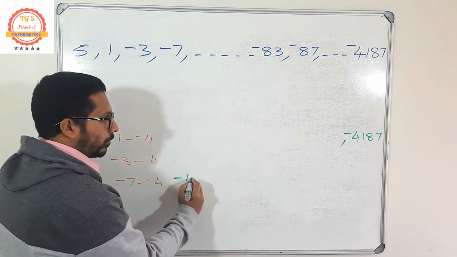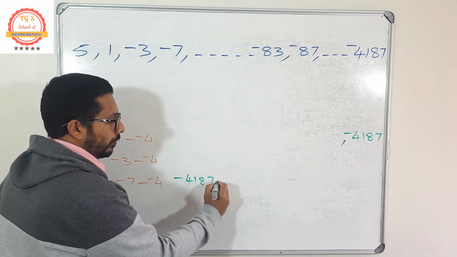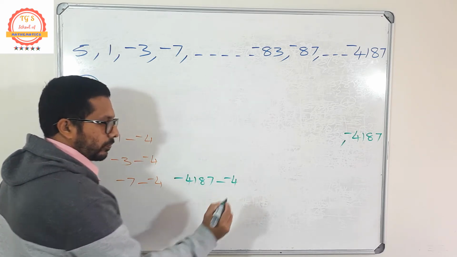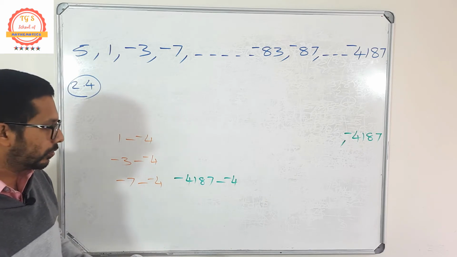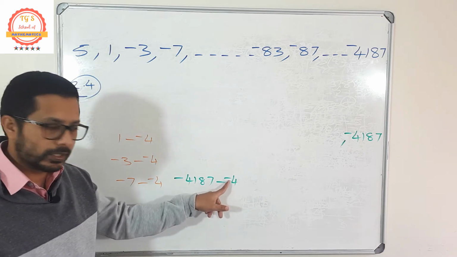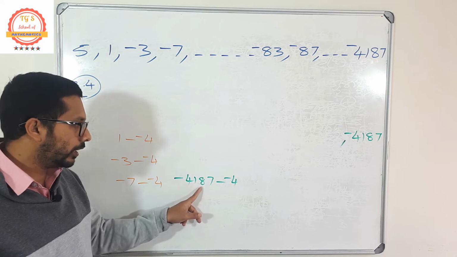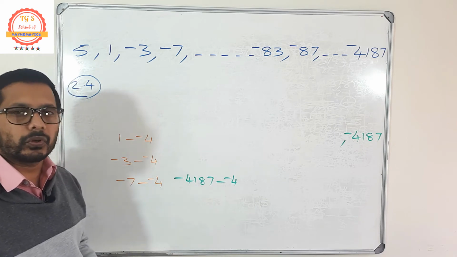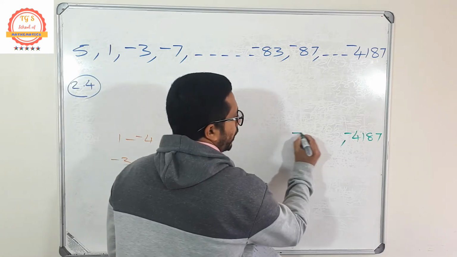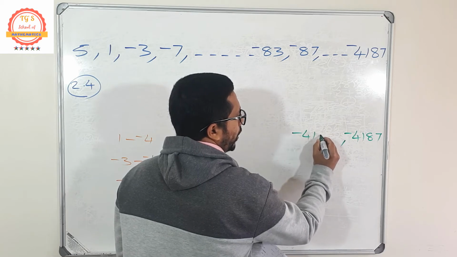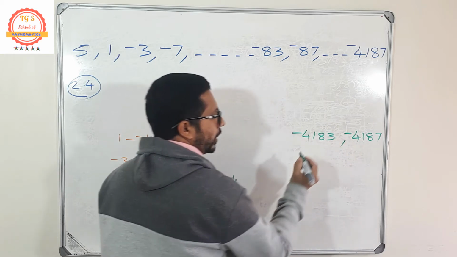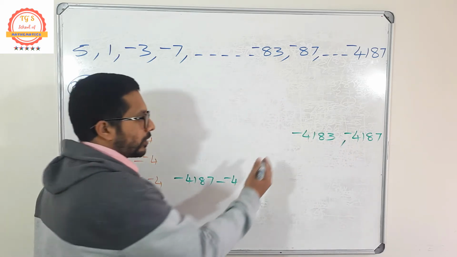Minus 4187 minus minus 4. Am I right? So this minus minus is plus. So minus 4187 plus 4. What is that one? Check in your calculator. Minus 4183.